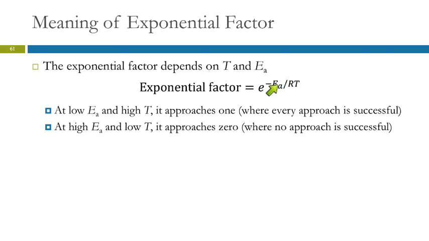When this is small and that is large, then the factor approaches 1. When EA is high and temperature is low, it approaches 0. So it's weird because you've got e to the something in there.